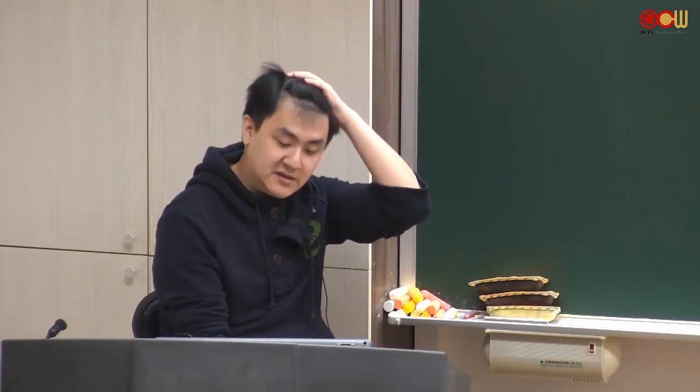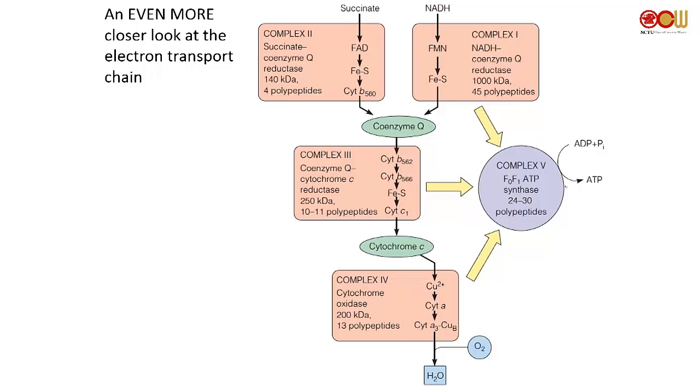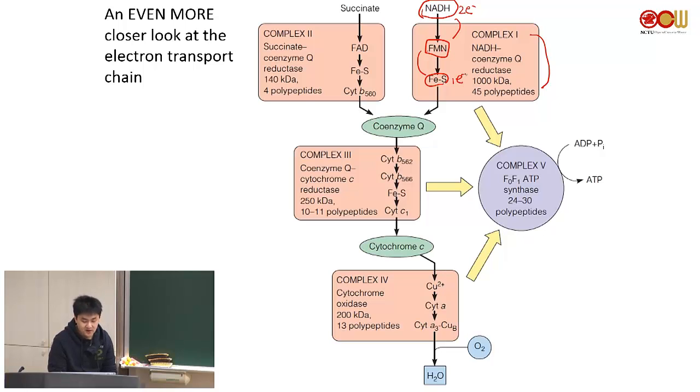All right. So if we take an even closer look at the electron transport chain now, what you should notice is in complex 1, there are these different iron-sulfur clusters. In addition, before the iron-sulfur clusters, you have FMN, because you have to somehow change NADH from 2 electrons to 1 electron.